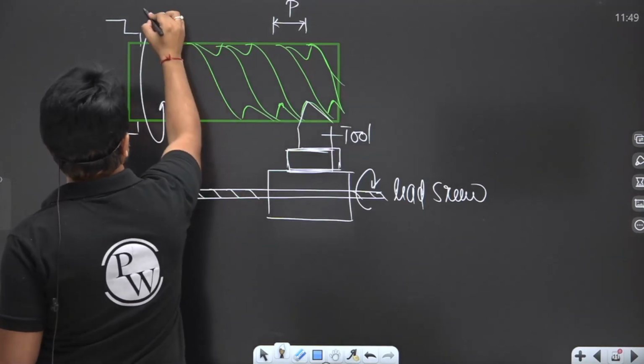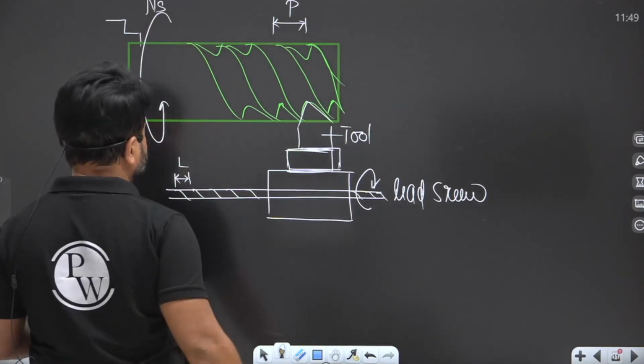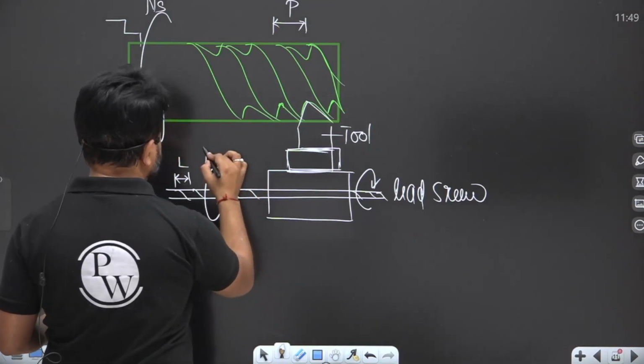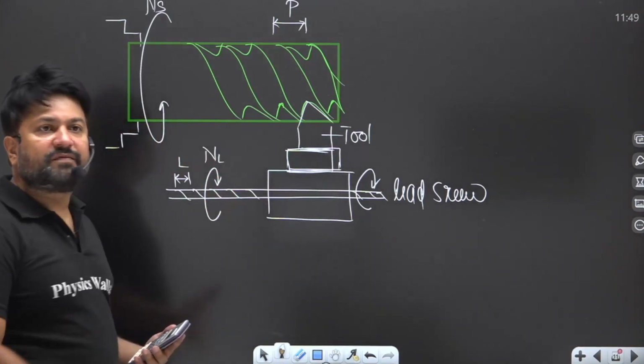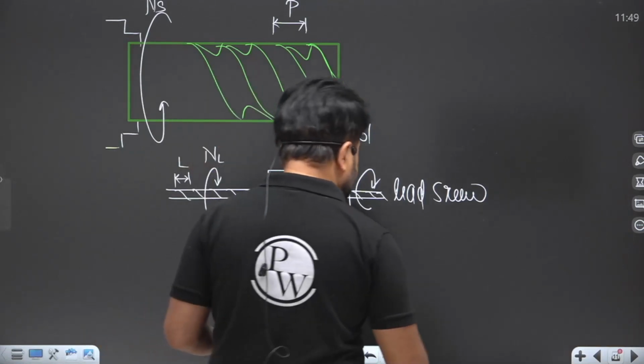NS is the RPM of the spindle or workpiece, and NL is the RPM of the lead screw, right?